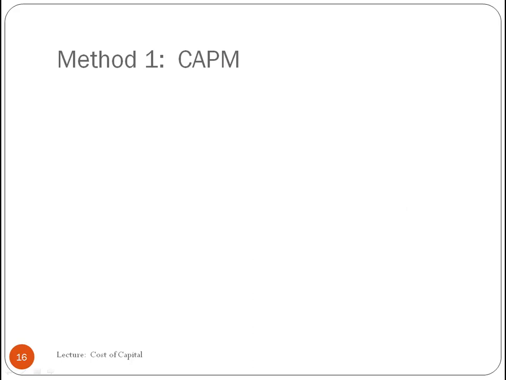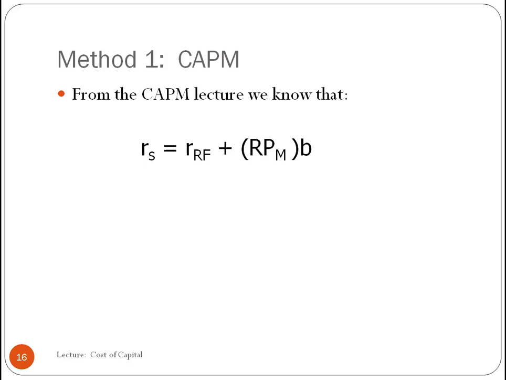So let's start with the CAPM. Well, from the CAPM lecture, we know that the cost of a stock is equal to the risk-free rate plus the risk premium on the market times the beta for that stock. We can just plug in the values. We can do some research and find all these numbers for a given stock.